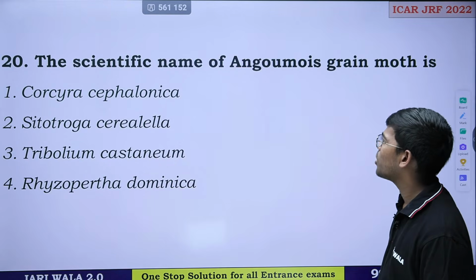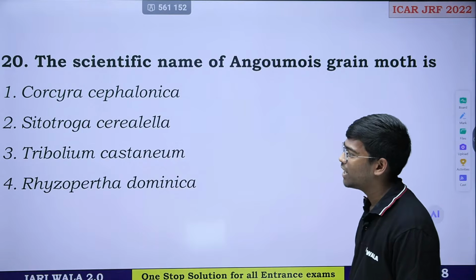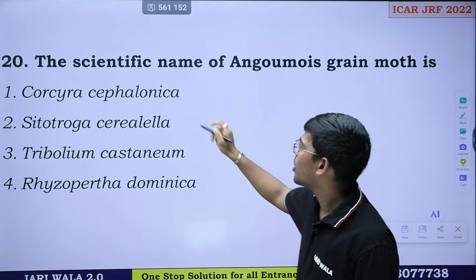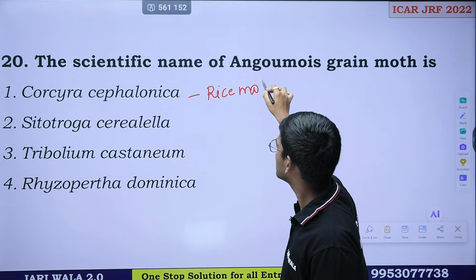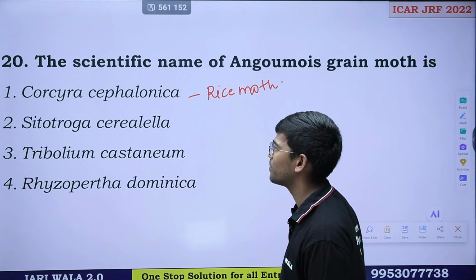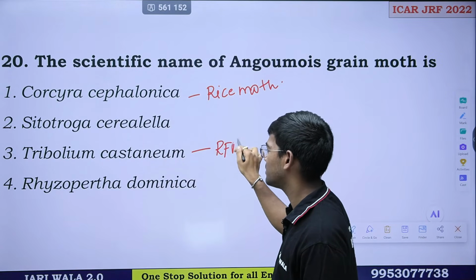The scientific name of Angoumois grain moth. Here again we need to know the taxonomy, the scientific name. Corcyra cephalonica is rice moth, this we know. Sitotroga cerealella we know. Tribolium castaneum is red flour beetle, we know.